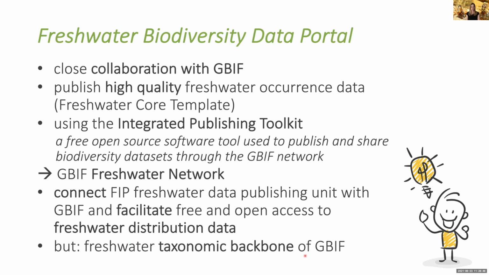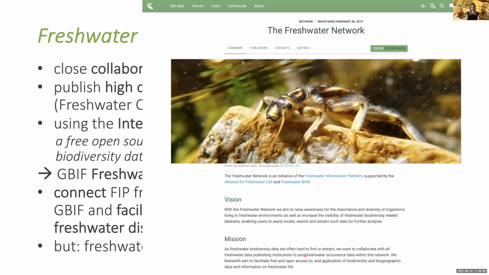The little shortcoming over here is that we still have the taxonomy of GBIF in the background and not the taxonomy of the FADA lists. So this is how this freshwater network page looks like on GBIF, and I'll talk on this a little bit later again.